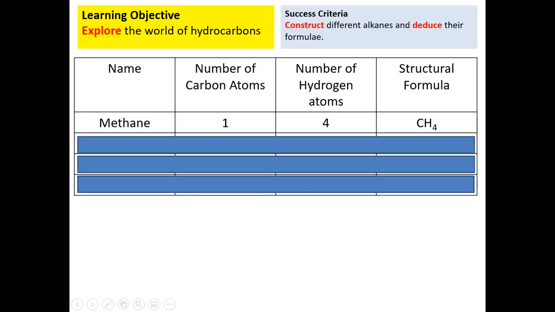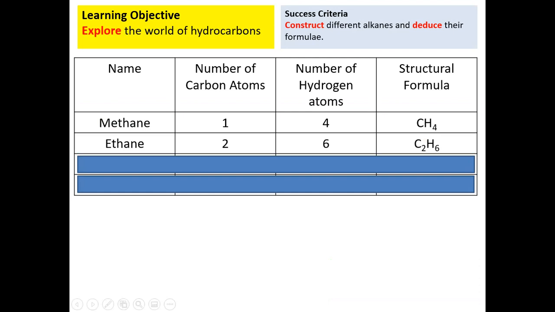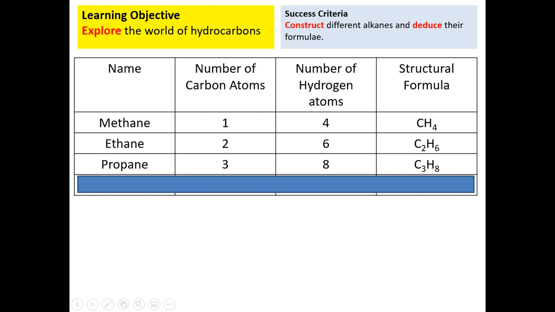Okay then, so just very quickly checking our answers. The next one was ethane, 2 carbon atoms, 6 hydrogen atoms, and the structural formula was C2H6. The next one underneath was propane, so 3 carbon atoms, 8 hydrogen atoms, and C3H8 is your structural formula.